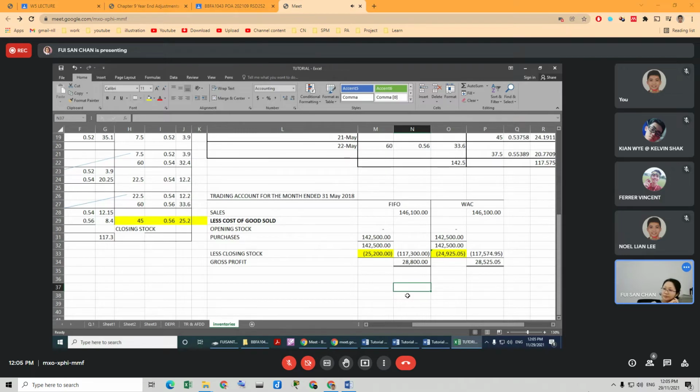Do you agree? You compare: this closing stock is higher than this one, so the profit is also higher. Sales is the same, no opening stock, purchases is the same. So remember this rule: the higher the closing stock, the higher will be the profit.